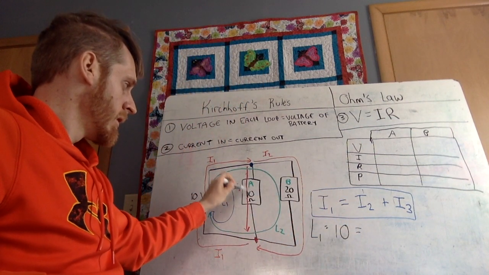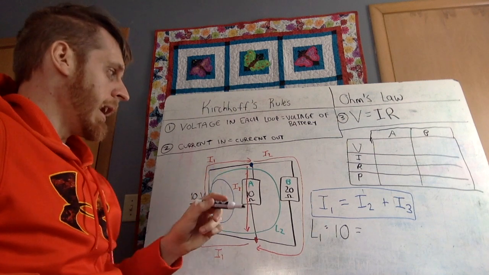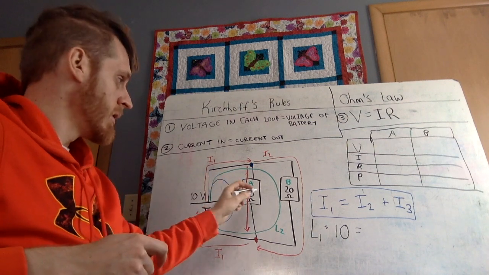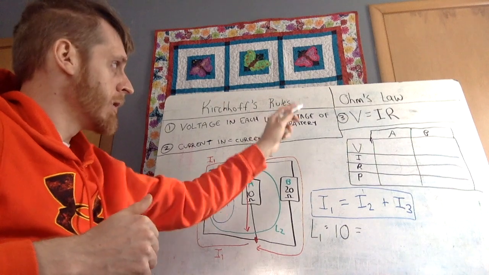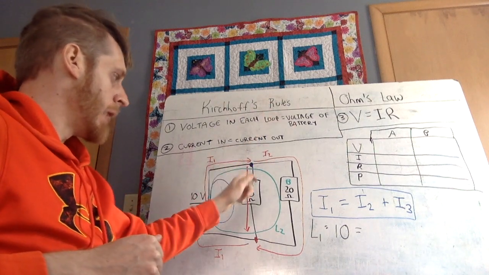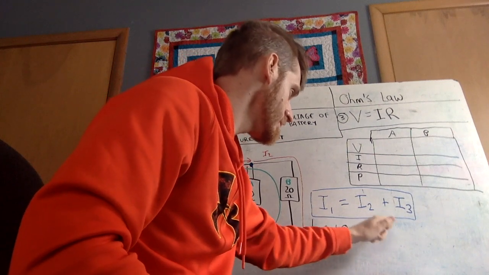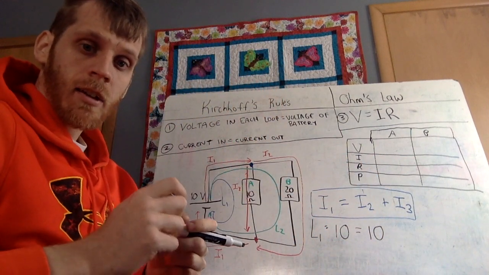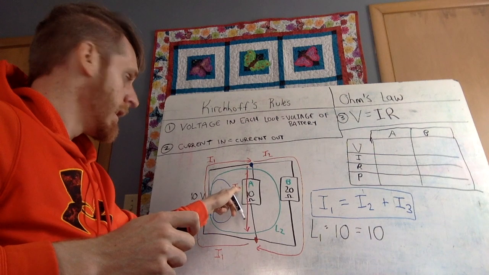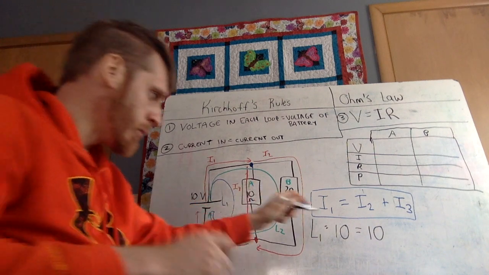Well, this was 10 ohms. I know the voltage that this one uses. It's just going to equal IR according to Ohm's law. So I would write down I times R. The R is 10. And the I turns out to be I3. I labeled it as I3.